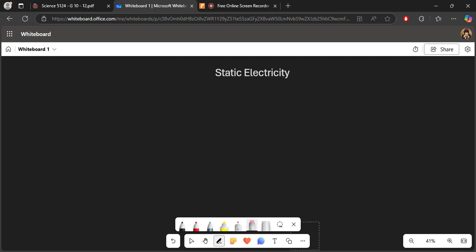Now we go on to discuss the gold leaf electroscope. The gold leaf electroscope allows you to detect the presence of static charge.